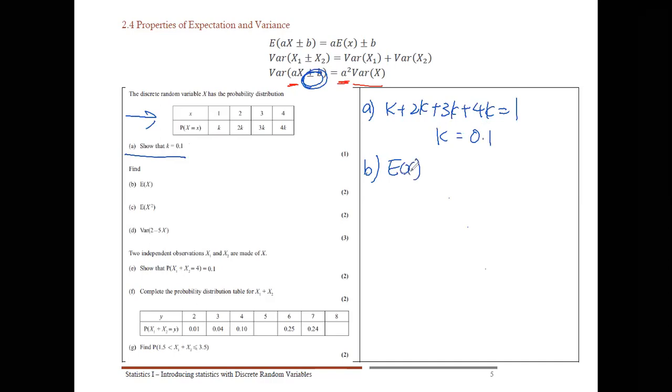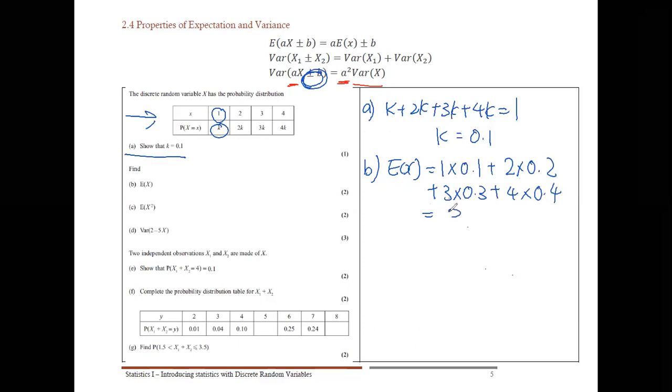Okay, you will use the individual value multiplied by the probability. So it will be 1 times k plus 2 times 2k plus 3 times 3k plus 4 times 4k. And the expectation in this case will give you 3.